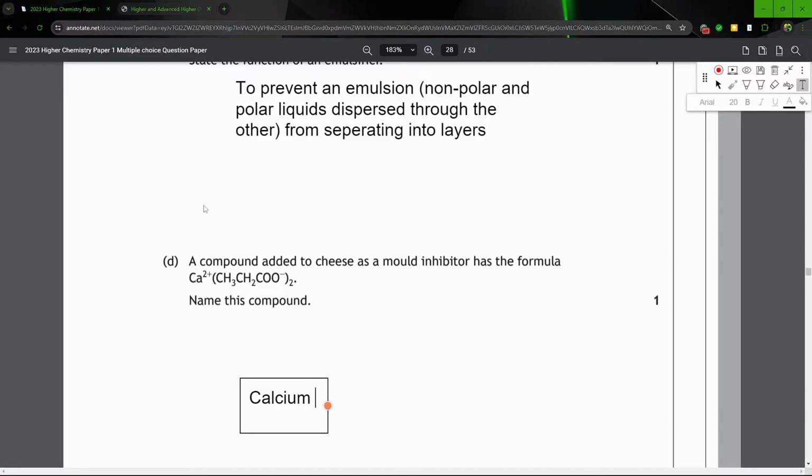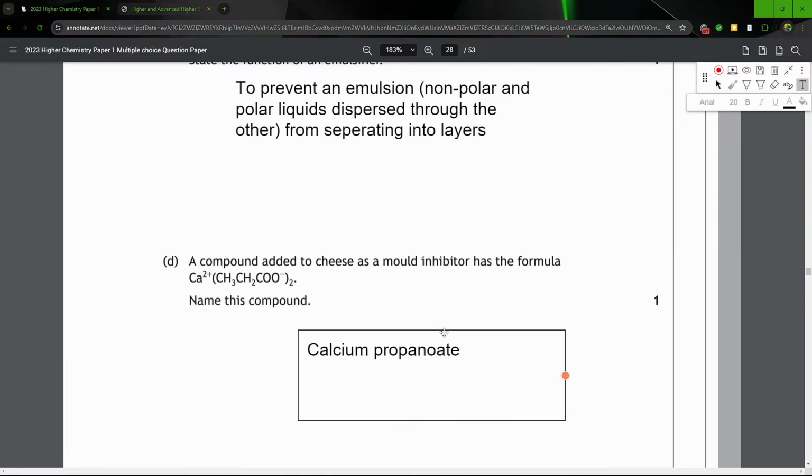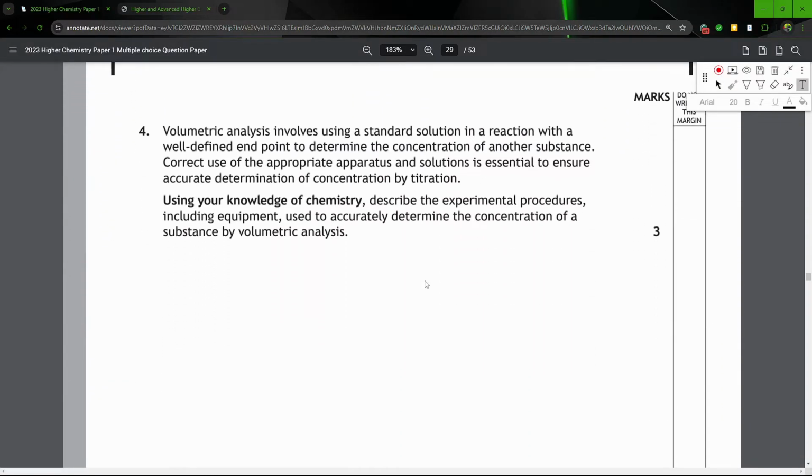Well, we've got 3 carbons, so it's probably going to be propan-something, and then it's going to be -oate. So think of it like it's sort of like an ester, right? So you have ethyl propanoate, and it'll be calcium propanoate in this one, because this is a salt, not an acid, so it wouldn't be propanoic acid or something. It would be propanoate.